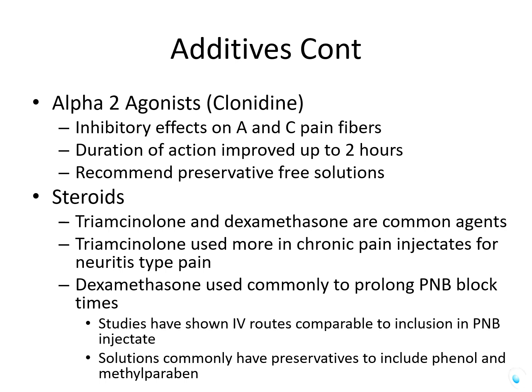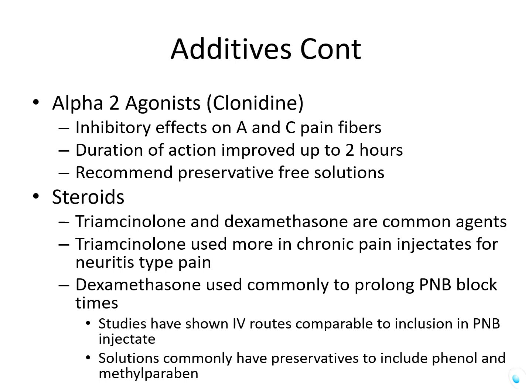Lastly are your steroids. You have triamcinolone and dexamethasone as your more common agents used as additives. Triamcinolone is used more in chronic pain injectates for neuritis type pain. Dexamethasone is commonly used to prolong peripheral nerve block times.